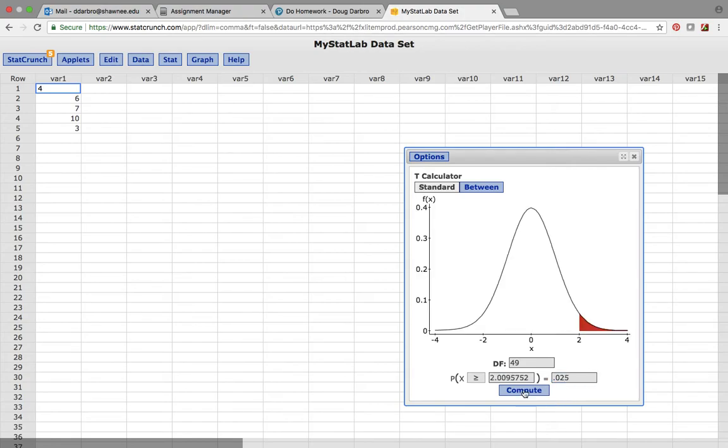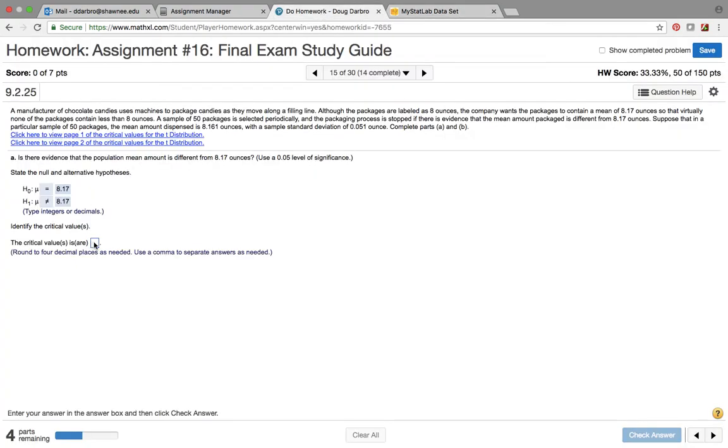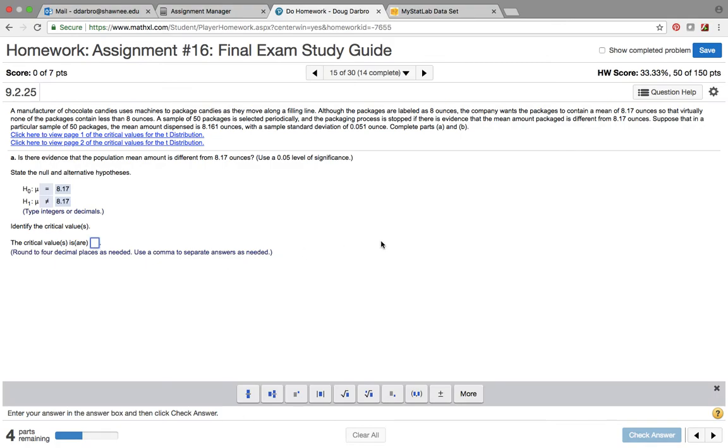That gives 2.0096, and I'm just going to write it all out so I don't get caught on a technicality again. So identify the critical values to 4 places as needed: negative 2.0096 and 2.0096.